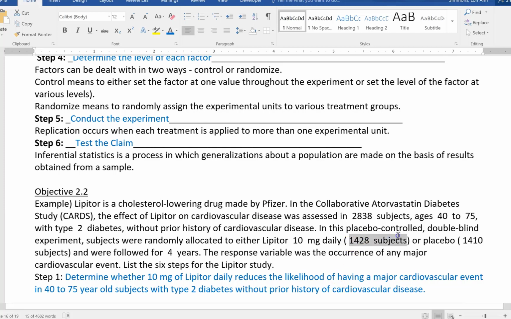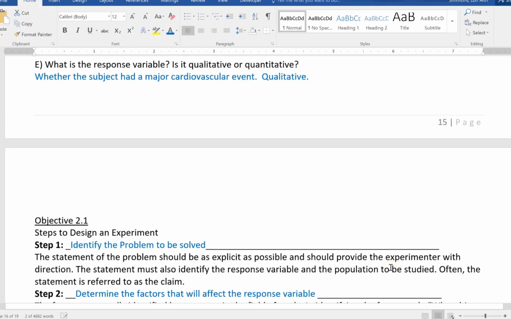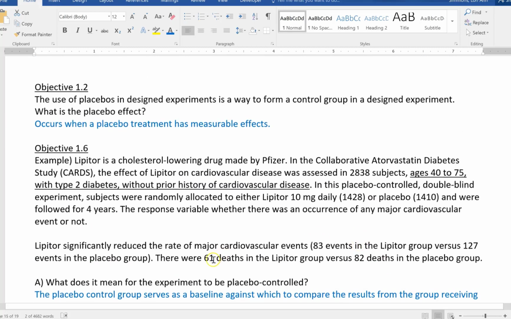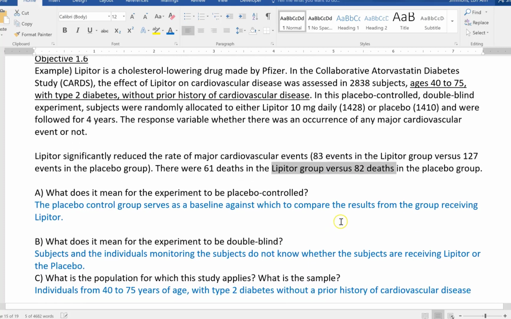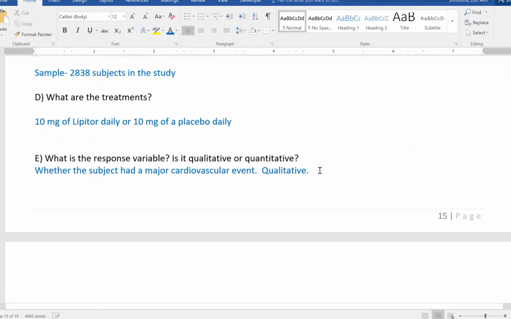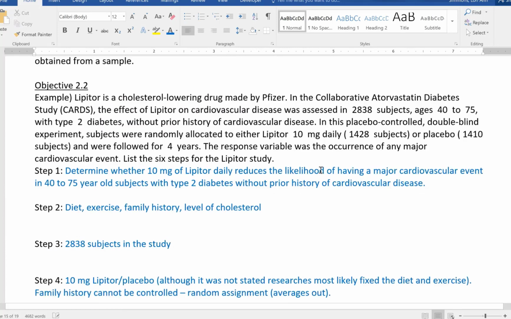All we can say is that by the numbers given here, up above, that Lipitor had slightly better or had some kind of an effect on lowering the rate of the major cardiovascular events. We would actually need the data to be able to say how confident and to what effect.